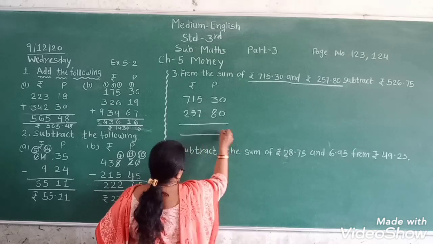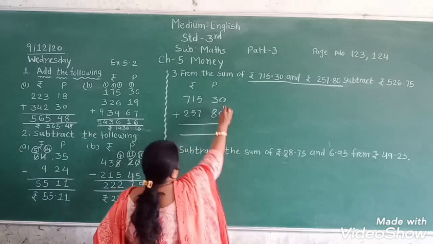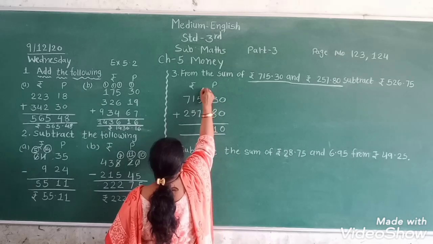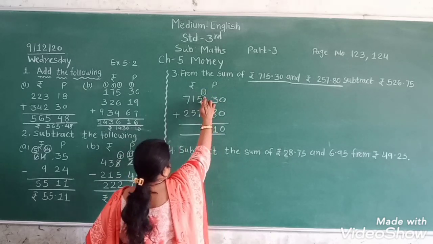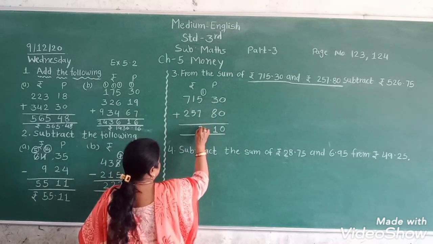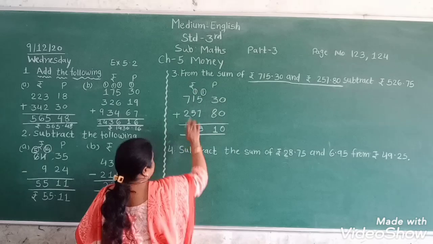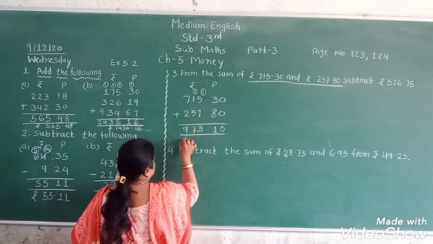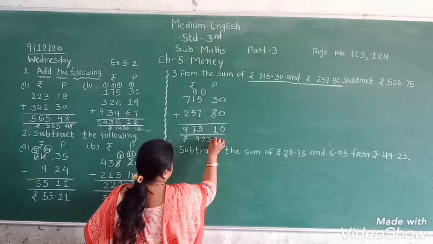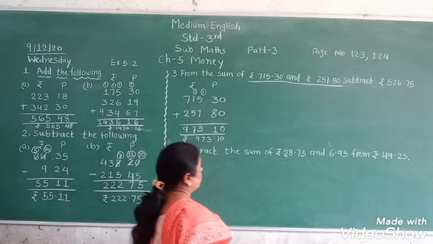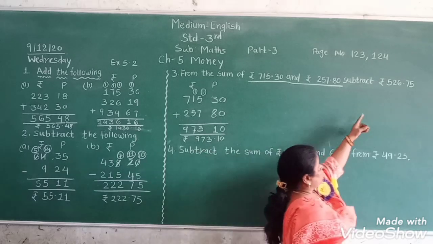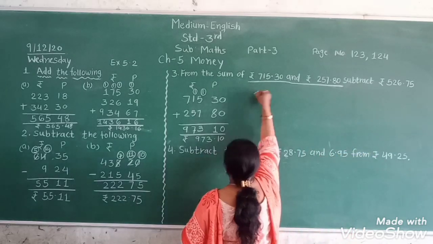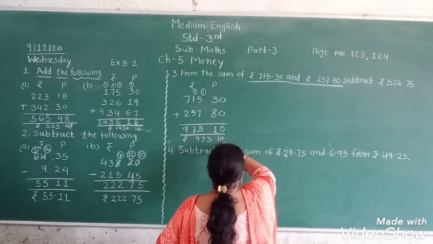Now we will do add. 0 and 0, 0. 3 and 8, 11, 1 carry over. 5 and 1, 6, 6 and 7, 13, 3, 1 carry over. 1 and 1, 2, 2 and 5, 7, 7 and 2, 9. So rupees 973 10 paise.